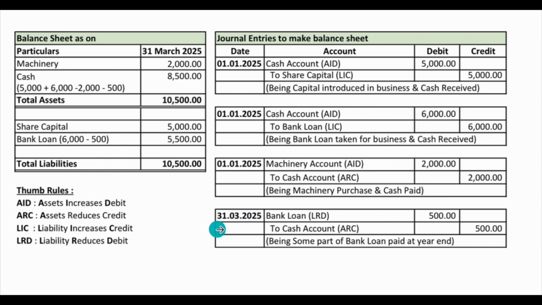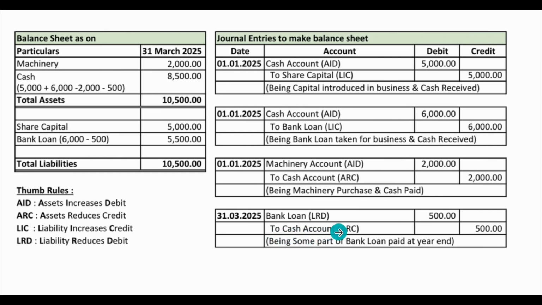Now let us assume on 31st March 2025 you have paid some amount of the loan taken from the bank. Now the bank loan appears on the balance sheet liability side and it reduces. So the rule here is LRD, that is liability reduces debit. So the bank loan will be debited by 500, and your cash account also reduces as you are paying the loan.